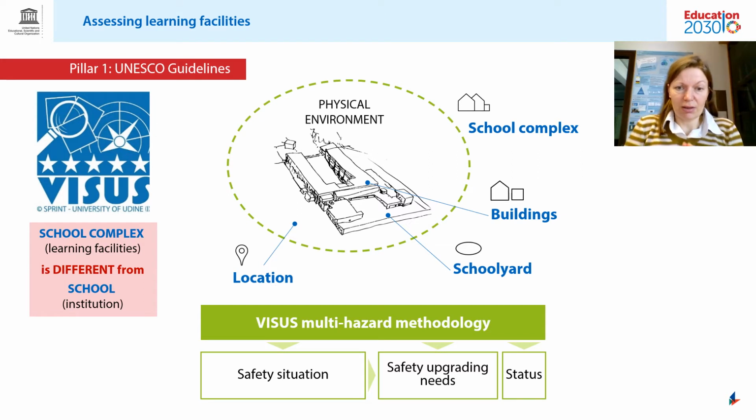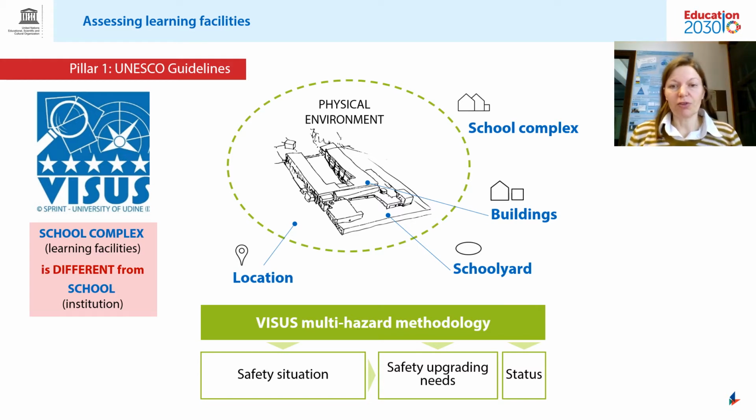You can see that the school complex assessed by VISUS is different from the school considered as the institution where the learning is performed, so elementary school, high-level schools, and so on.